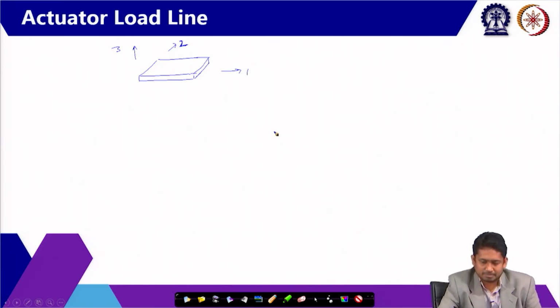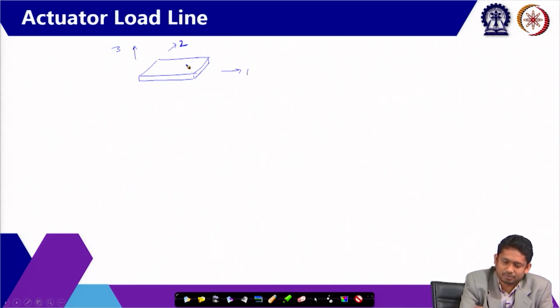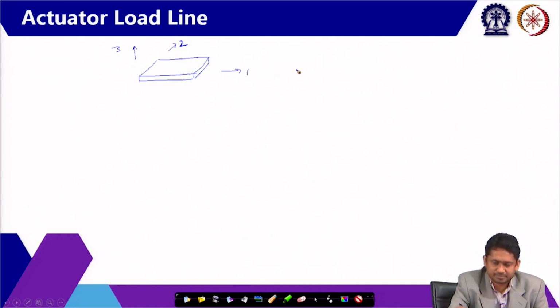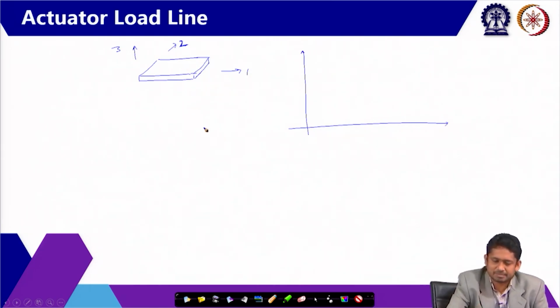Now, if we apply a voltage, if we apply electric field along this third direction, then we see that it will try to expand or contract depending on the direction of the electric field and polarization.